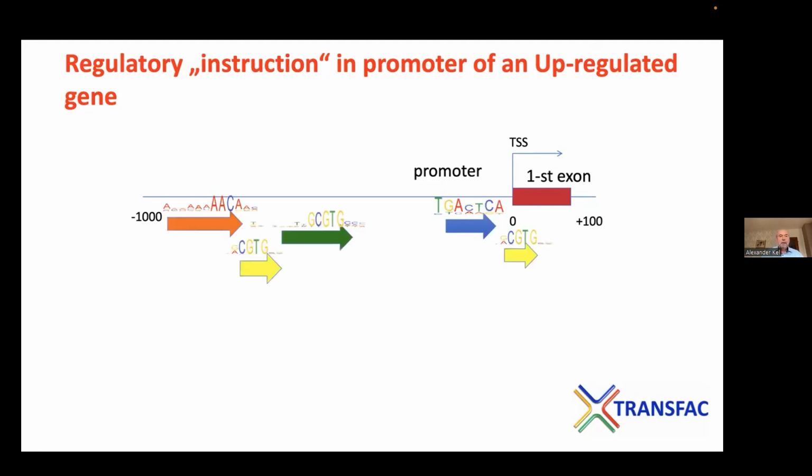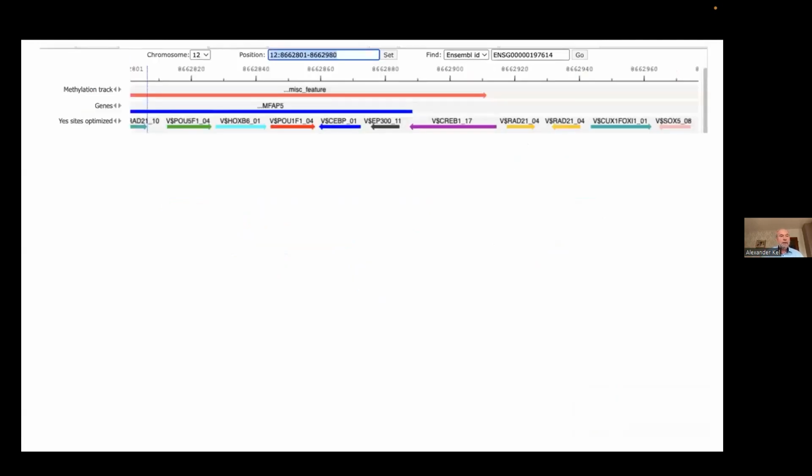You have some text in front of the transcription start site, some nucleotide sequence, with words coming one after another, and they give an instruction to the gene to upregulate or to work or not to work. But in reality, consider one gene and the motifs in the regulatory region, the promoter region, of that gene.